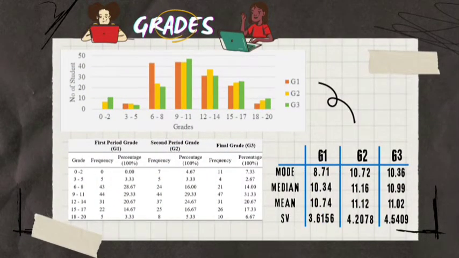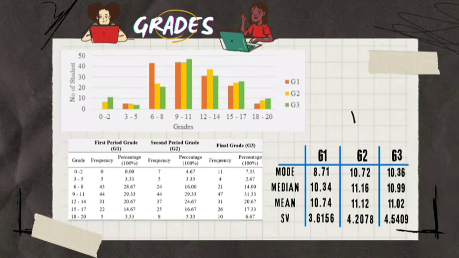Next, the grade of students in mathematics. The bar graph shows that the pattern of the grade of students in mathematics is slightly increasing and decreasing, starting from grade 9 until 11 for the first period grade. Besides that, it illustrates that the average grade of students who take mathematics is higher in the second period grade compared to the first grade and final grade.